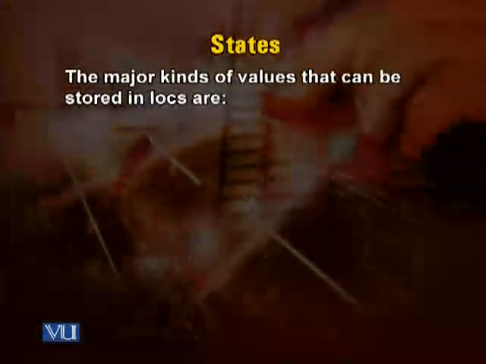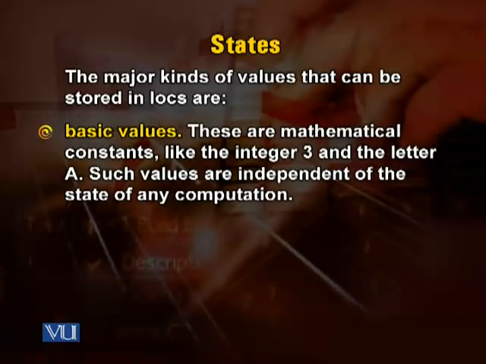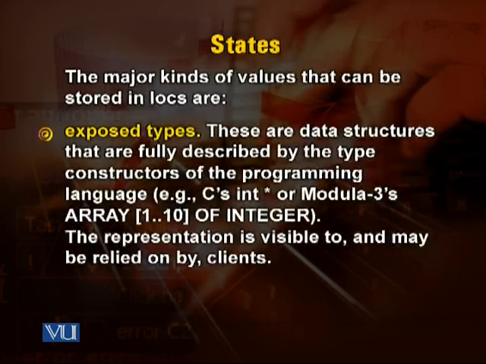The major kinds of values that can be stored in locs are basic values. These are mathematical constants like the integer number 3 and the letter a. Such values are independent of the state of any computation. Then we have the exposed types. These are data structures that are fully described by the type constructors of the programming language. For example, in C we have int star, or we have array of integers, and so on.